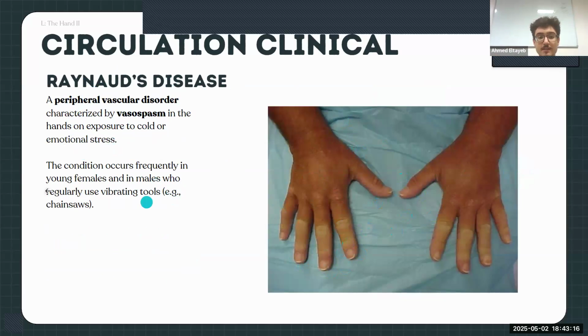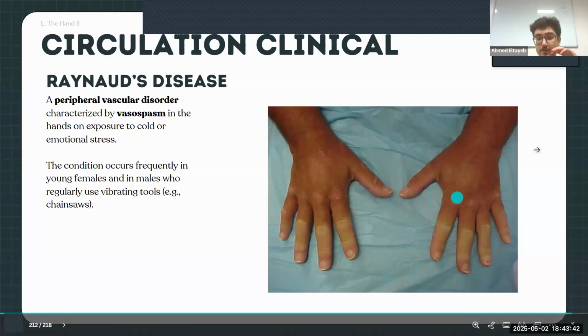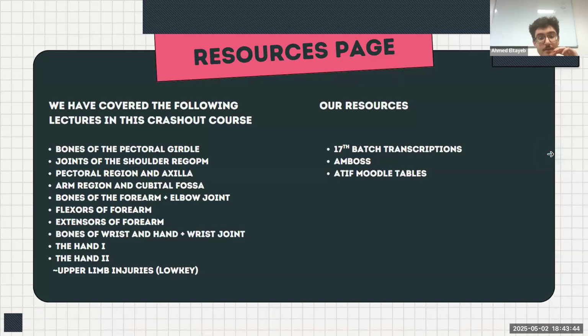It's frequently seen in males and females under an occupation with very vibrating material, for example using a chainsaw, a drill, and so forth. So you're going to have compromised capillary refill, and your most distal fingers will feel cold, bland, and pale compared to the rest of your body.